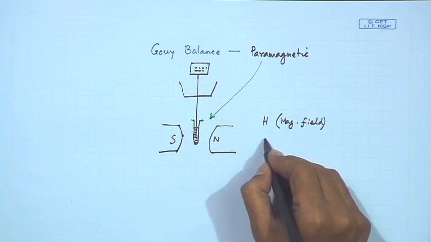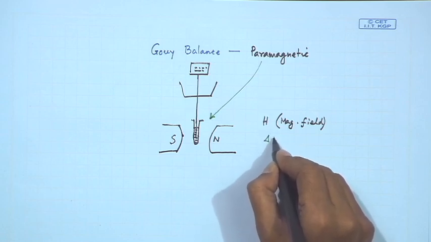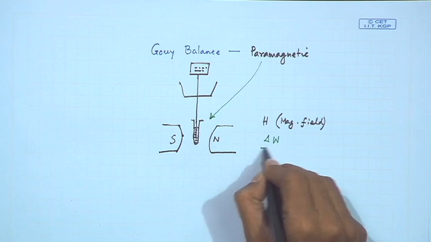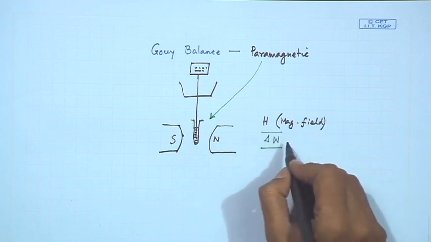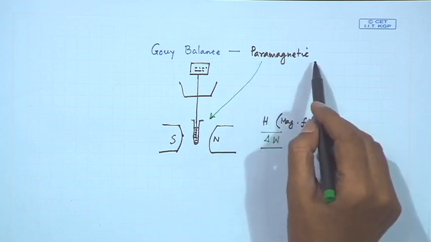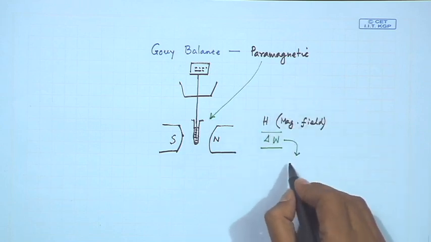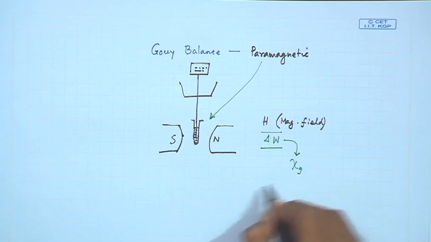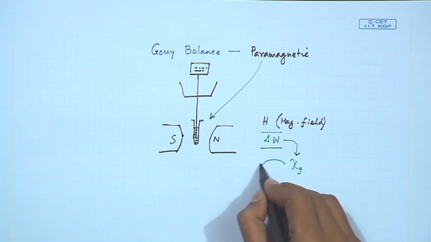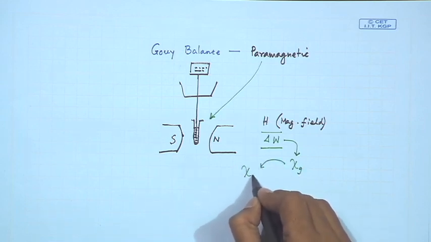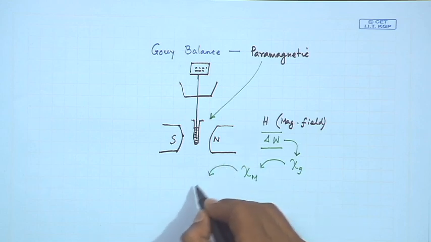So, we take the corresponding change in weight, delta W. This delta W will be the corresponding paramagnetic property, which can be converted to the chi g value, the gram susceptibility value, then to the chi m value and then to mu effective.